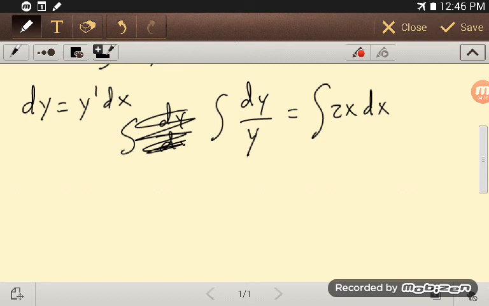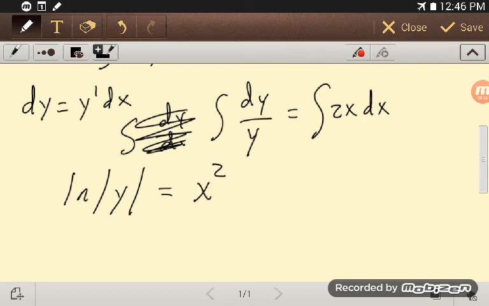So anyway, we have the antiderivative dy over y and the antiderivative 2x dx. Now 1 over y, the antiderivative of that is natural log. Now this is very important. It's the natural log of the absolute value of y. And then equals x squared.